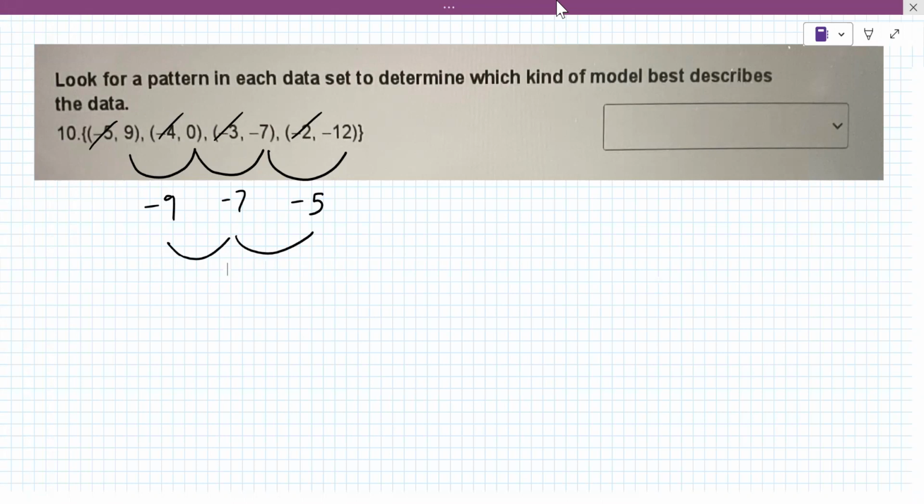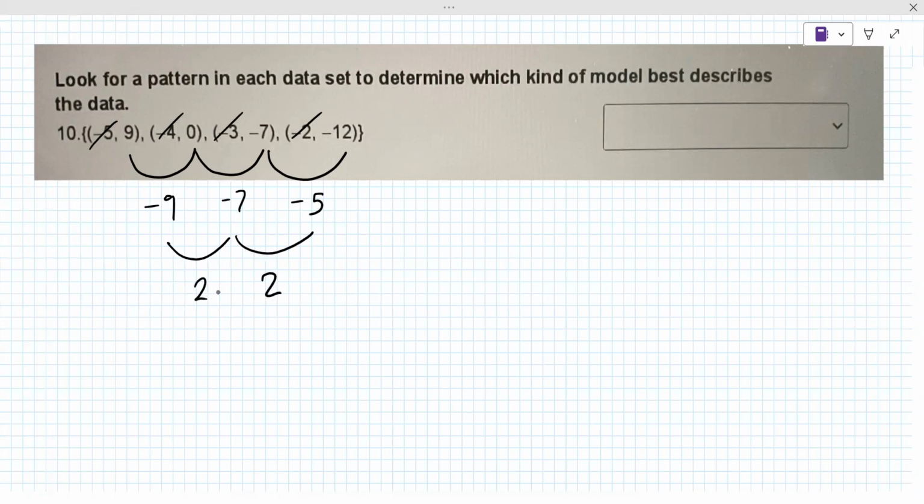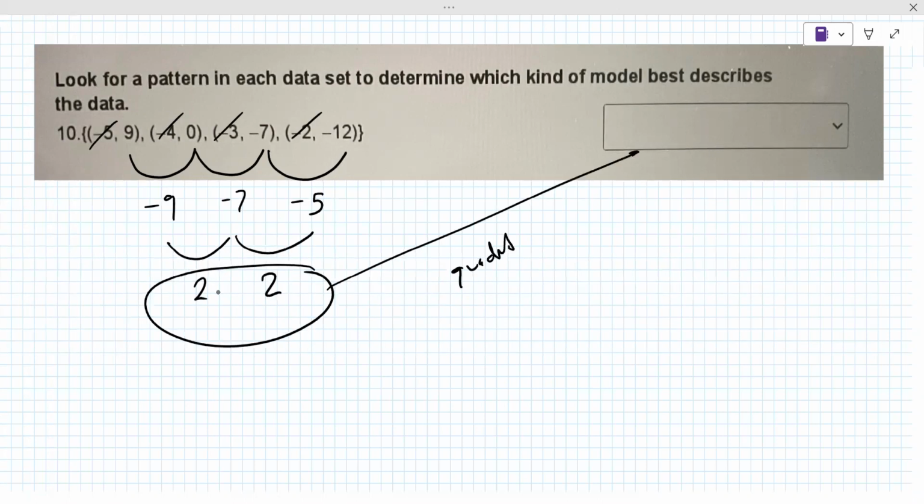Yeah, so because the second difference is the same, we know that it is quadratic. All right, so go ahead and try number 11 on your own.